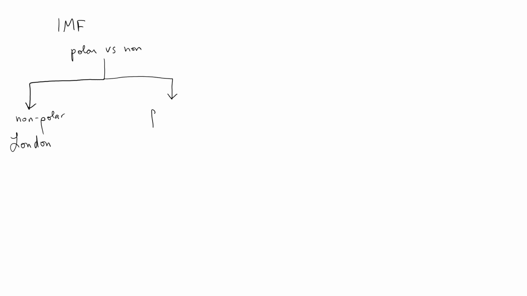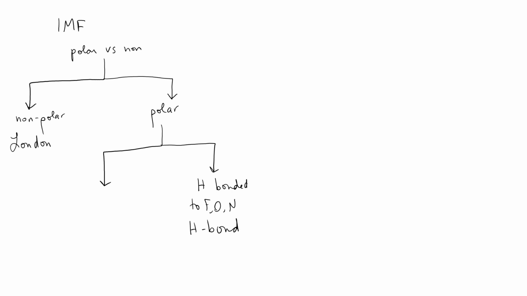If, however, the molecule is polar, then you ask yourself, is there an H bonded to F, O, or N? If there is an H bonded to F, O, or N, then the strongest intermolecular force present is hydrogen bonding. And if there is not, then the strongest force between two molecules will be the dipole-dipole.